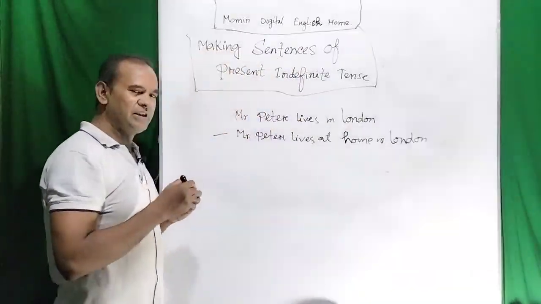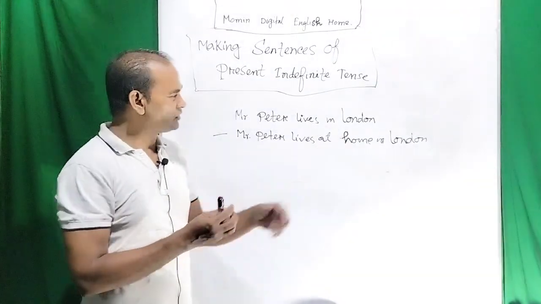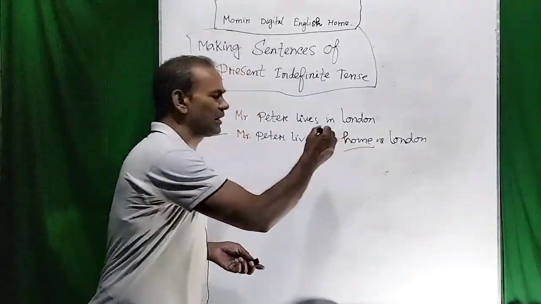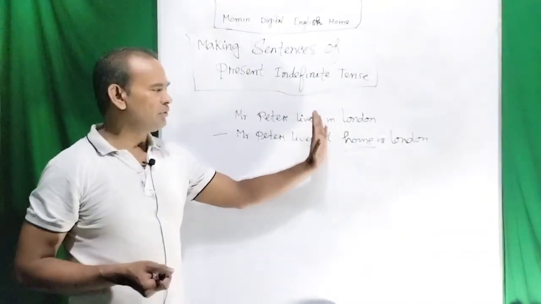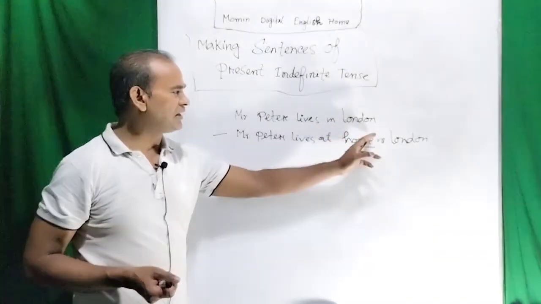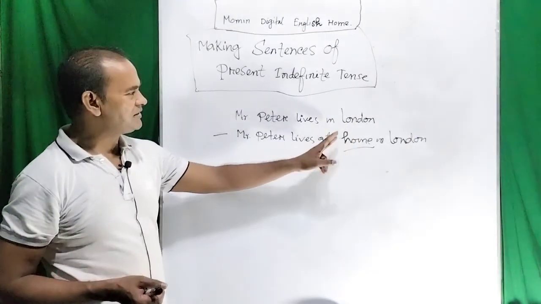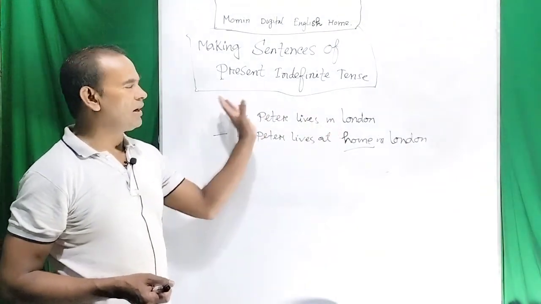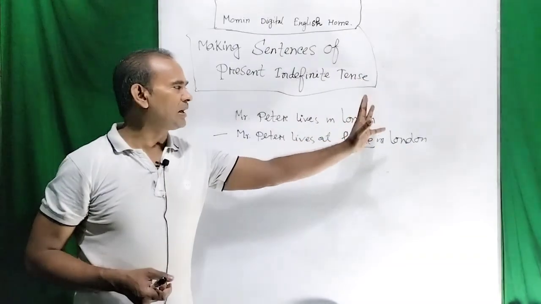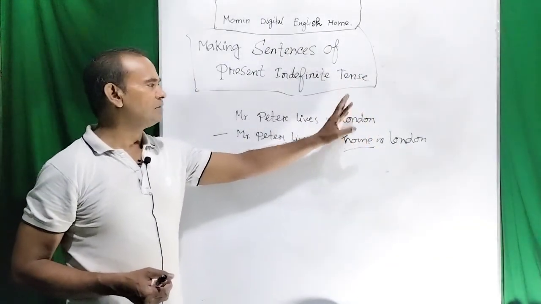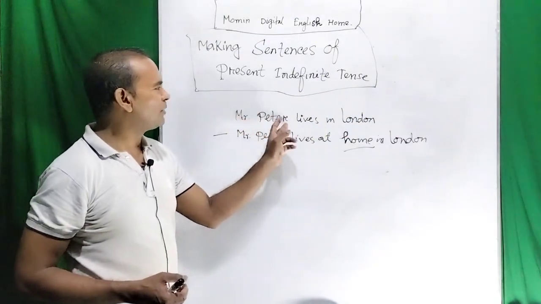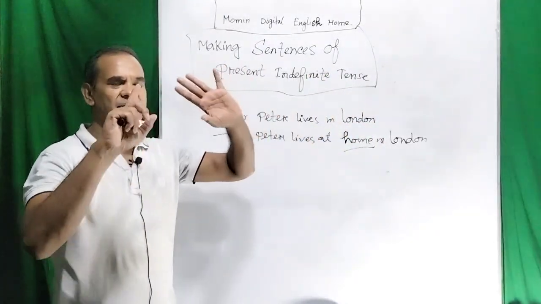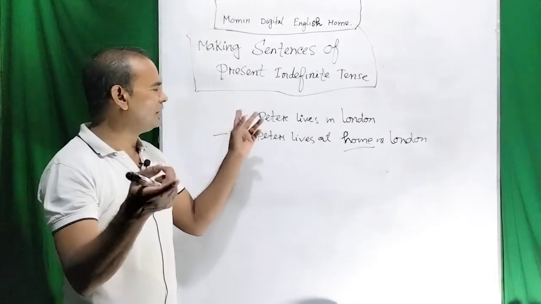Dear viewers, you see, this is a definite place. Home is a definite place or some specific place. That means if there is any definite place in your sentence, please use at before it. But if you want to use some place in general, that means everybody uses this word London. You say Mr. Peter lives in London, Hassan lives in London, I live in London.